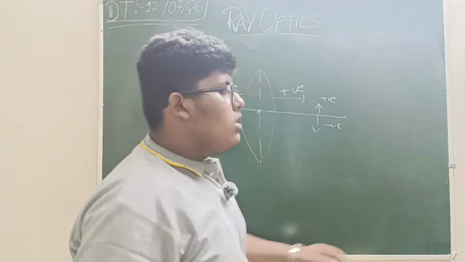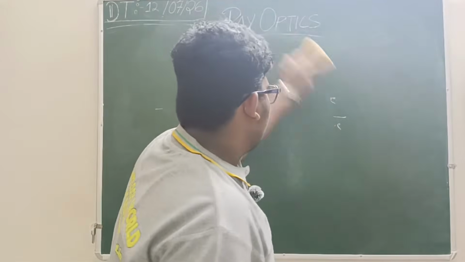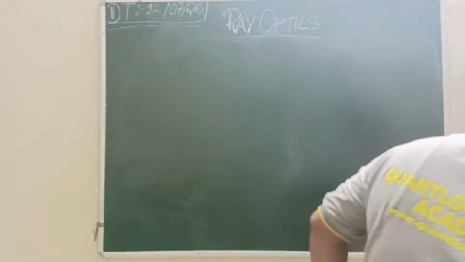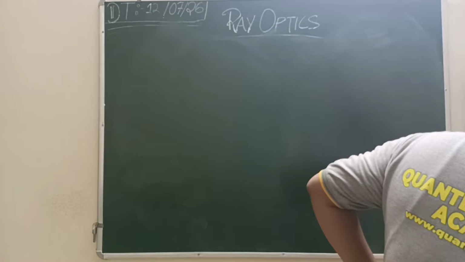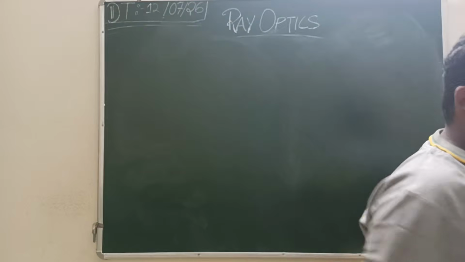So this is sign convention of convex lens. Next, we have completed all the topics of this chapter. Now we will do some numericals based on lens formula.